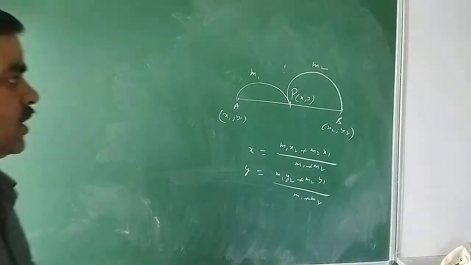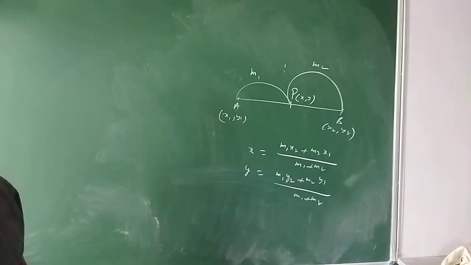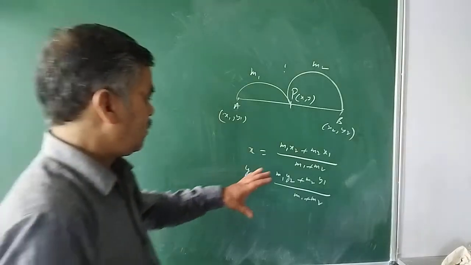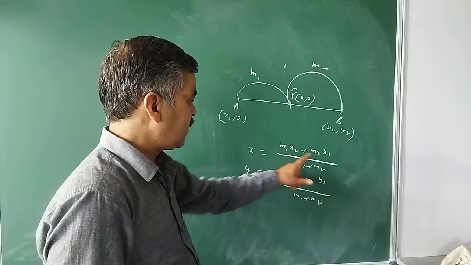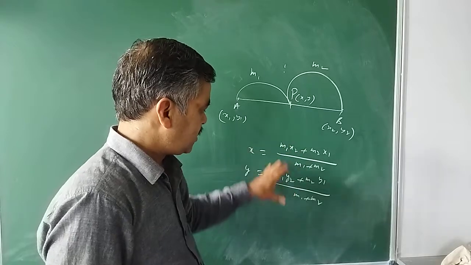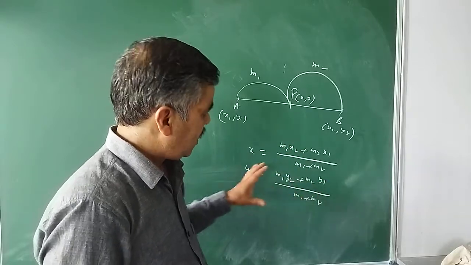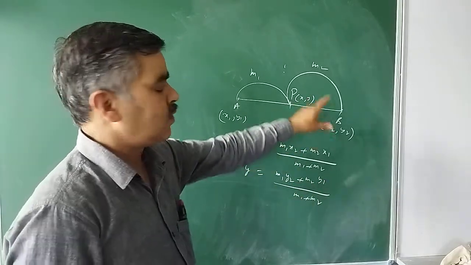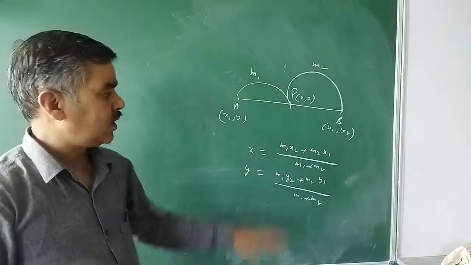So this is called the section formula. Now by substituting these values of M1, M2, x1, x2, and y1, y2, I can calculate the value of these coordinates.